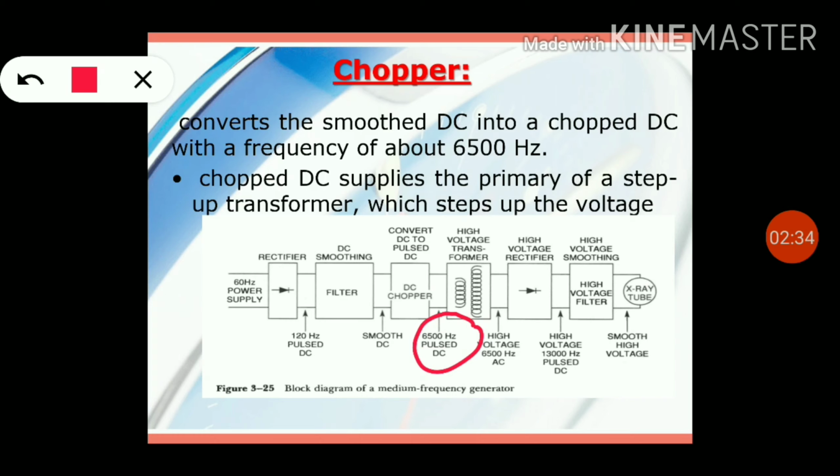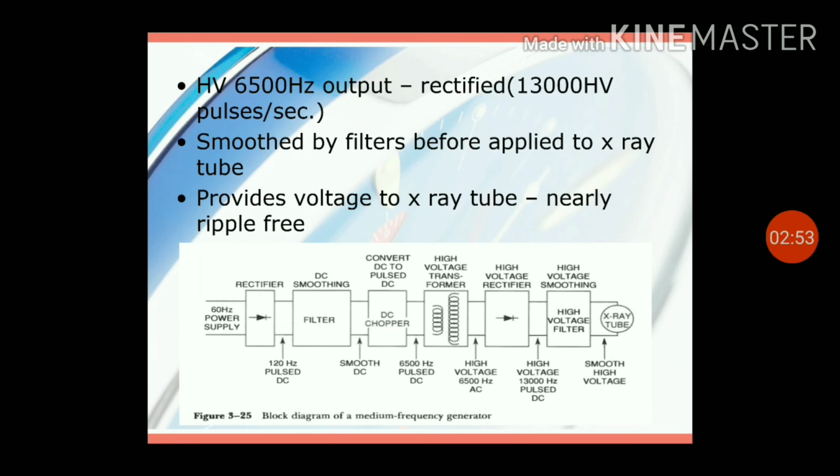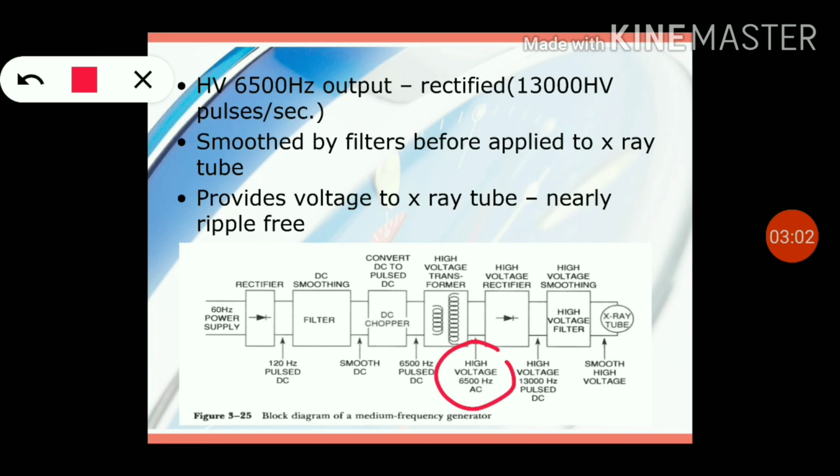So this 6500 Hz chopped DC supplies the primary side of a high voltage transformer that steps up the voltage. Now you can see in this next slide this high voltage 6500 Hz output is then rectified to produce 13,000 pulses per second.